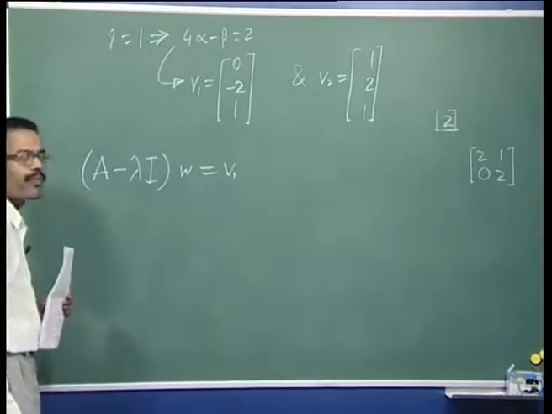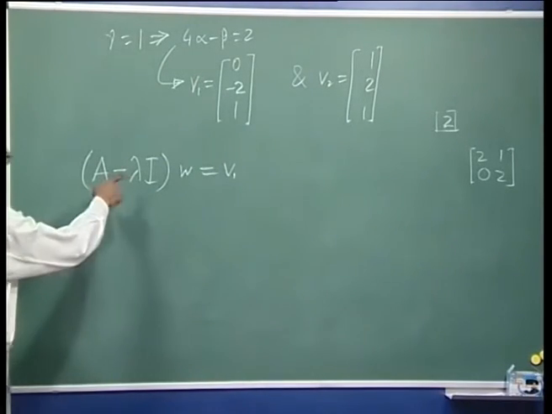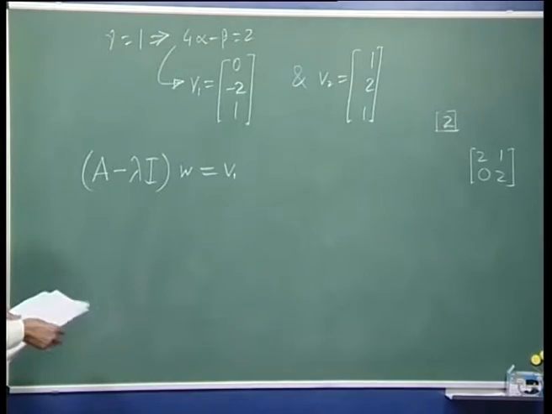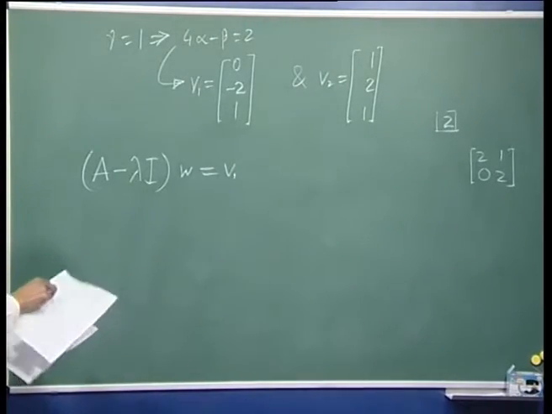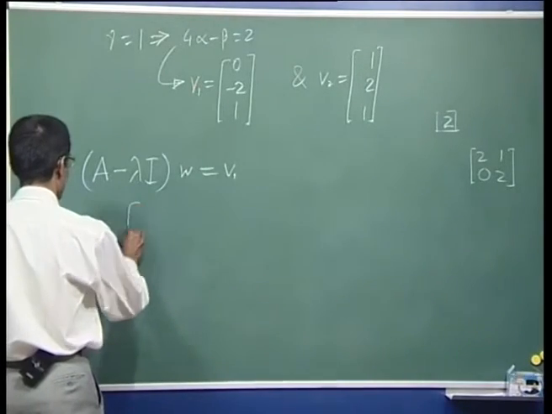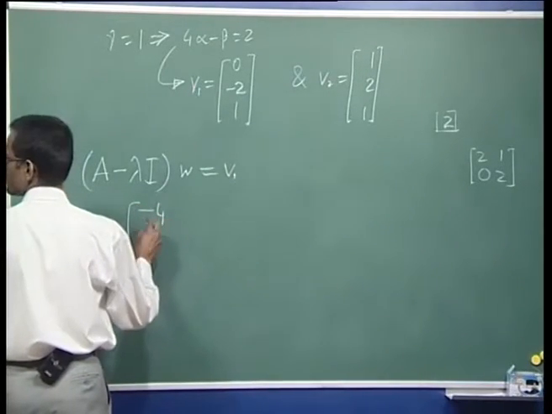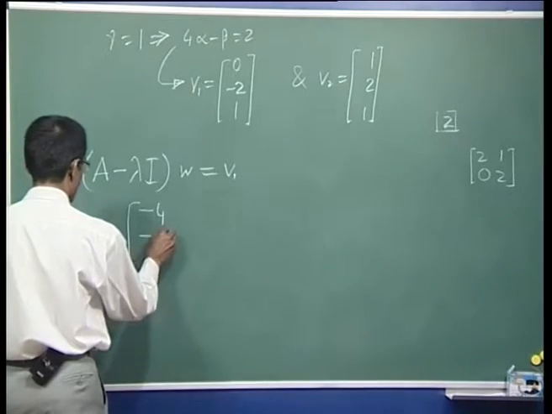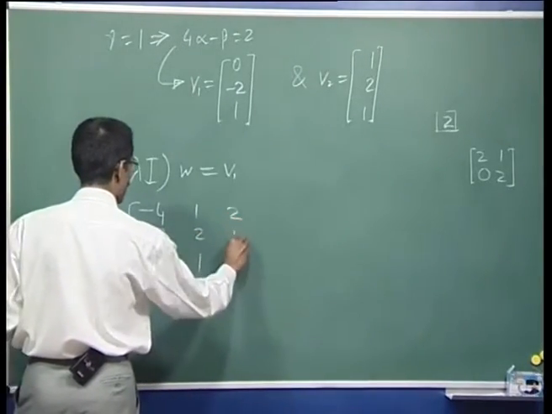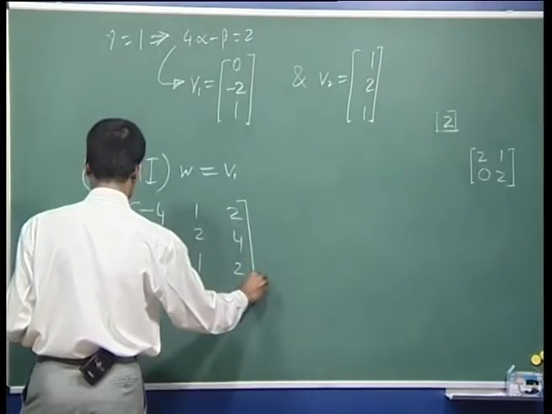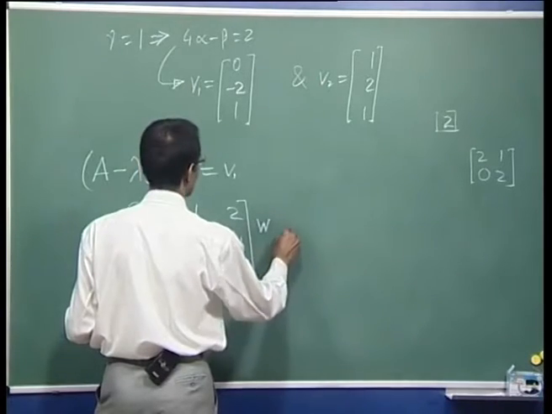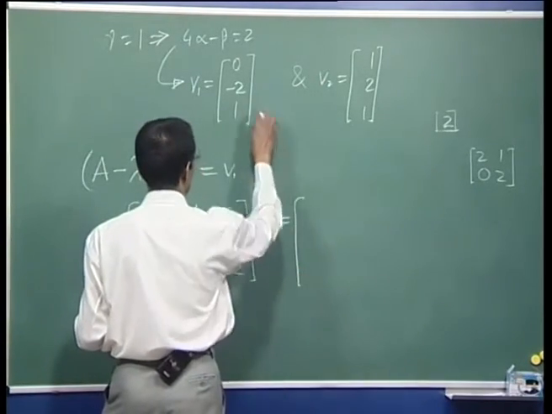this and A minus lambda I. So, whatever just now we wrote as lambda I minus A, this matrix is actually its negative. So, that negative matrix I am reproducing here. This.